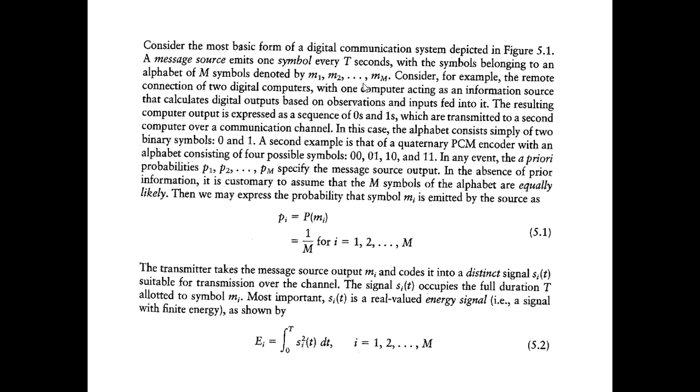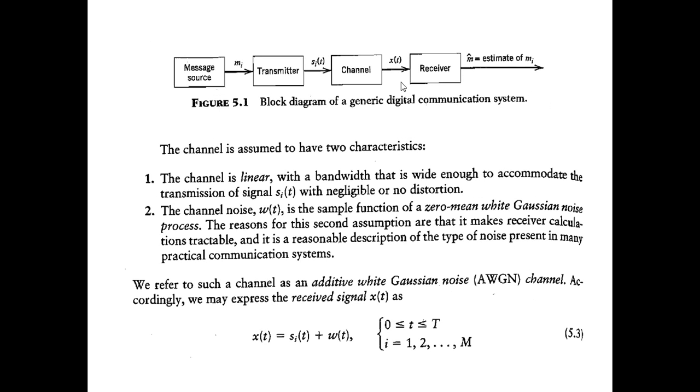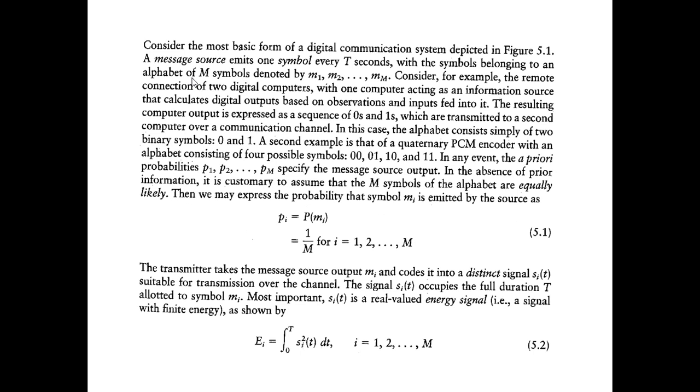We denote the symbols generated by this message source as m1, m2, up to mM. Consider an example: there are two digital computers, one computer acting as a source and calculating outputs, and the resulting computer output is expressed as a sequence of 0s and 1s, which are transmitted to the second computer over the communication channel. So we use two symbols, 0 and 1.